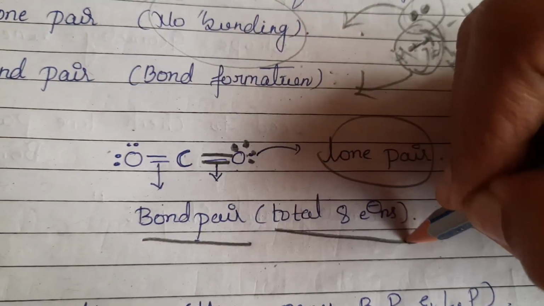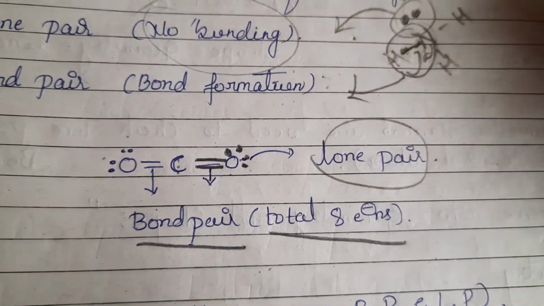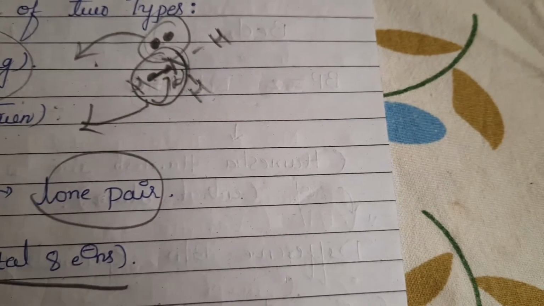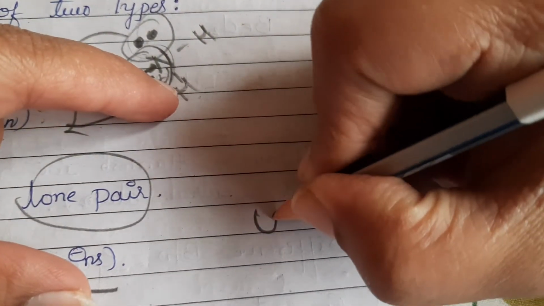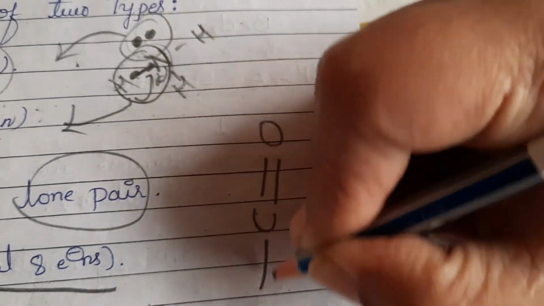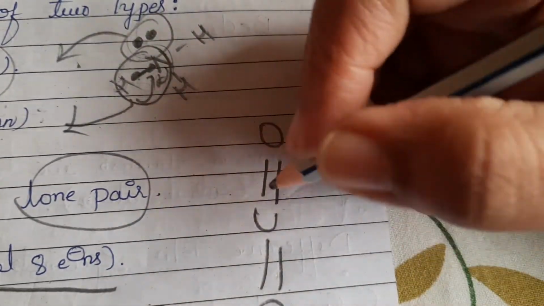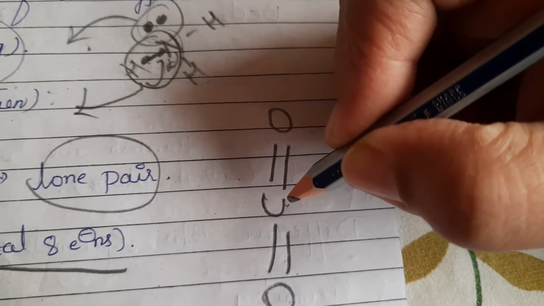So for the total bond pair of electrons for this carbon atom, I'll write here in detail, do concentrate. We have a carbon atom, I have an oxygen atom, and here also I have an oxygen atom. This carbon is bonded to two oxygen atoms.